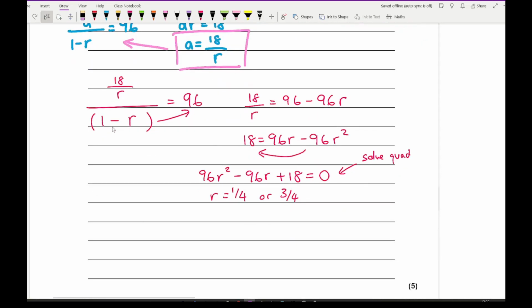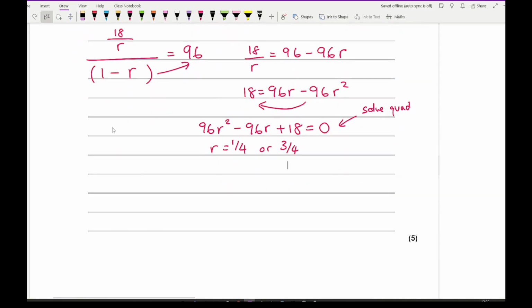Now we need to know which ratio to use. Here we know that ar equals 18. So when r equals 1/4, we get an a value of 72. And when r equals 3/4, we get an a value of 24.